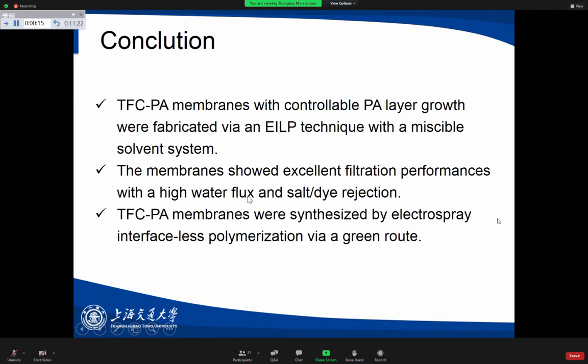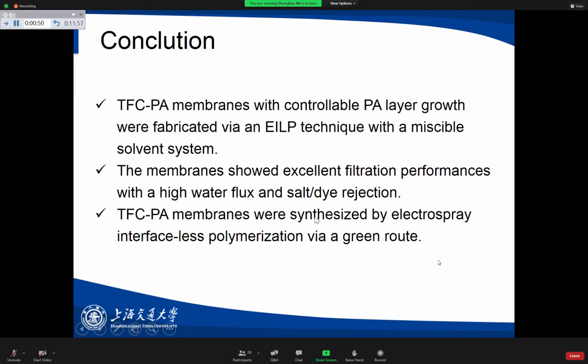I also want to emphasize the ELP method can expand the types of PA membrane, because most organic compounds, including big aromatic amines, are difficult to dissolve in water, but they can dissolve in organic solvent. In this ELP process, a lot of solvents can be used.